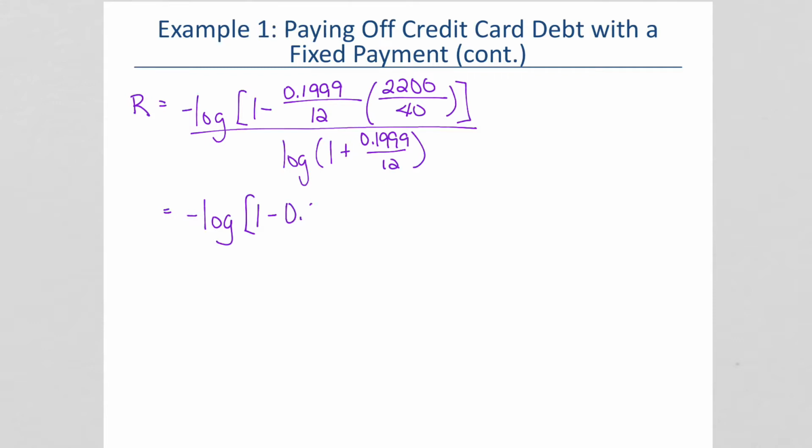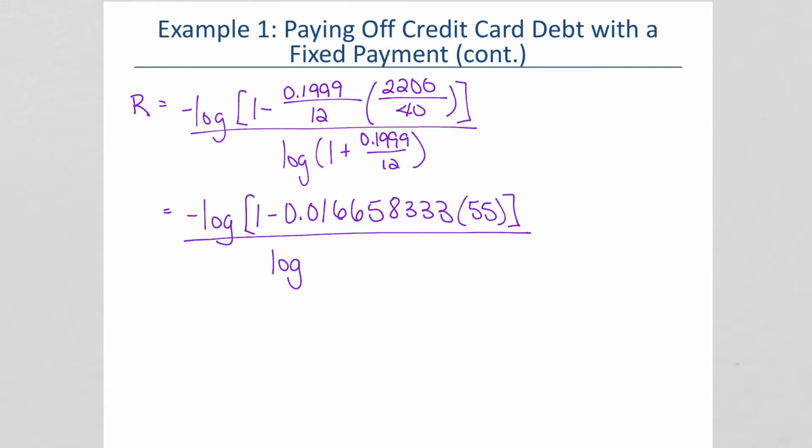That is 0.016658333, and 2,200 divided by 40 is 55. And 0.1999 divided by 12 plus 1 is 1.016658333.